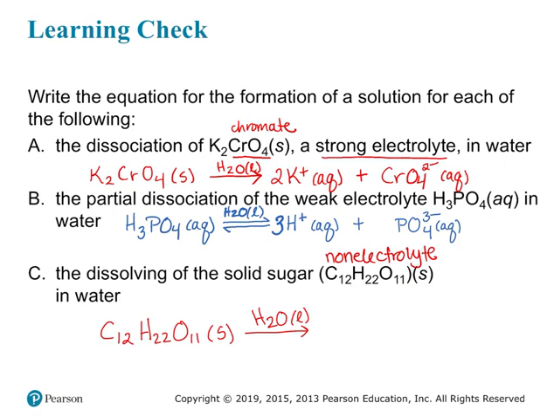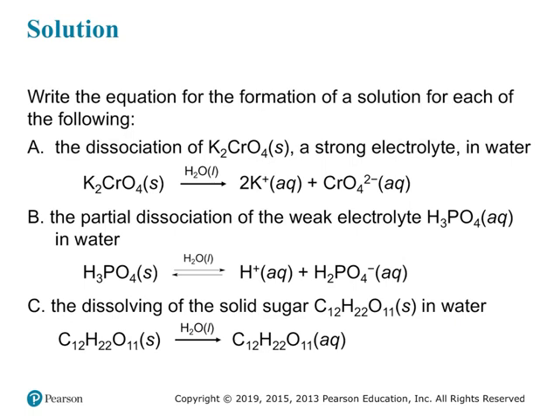Nothing, right? It's just going to still remain as sugar. It's not going to dissociate. The only difference is that we will have an aqueous solution of sugar instead of just the solid sugar. All right. And here are the answers if you need those later.